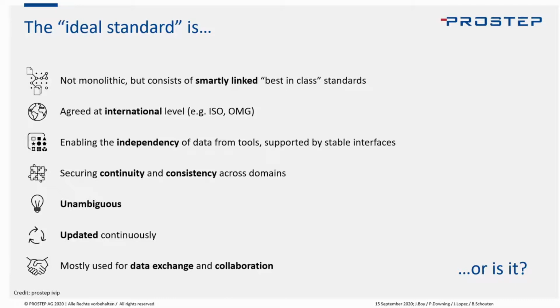Standards need to be updated continuously to keep track with the latest changes. And this is then something that is heavily dependent on the philosophy behind the standard. So there are standards that are described in a very formal manner, where a lot of thought is put into the standardization process. So it takes rather long to get a new generation of the standard, which is then very well thought through.